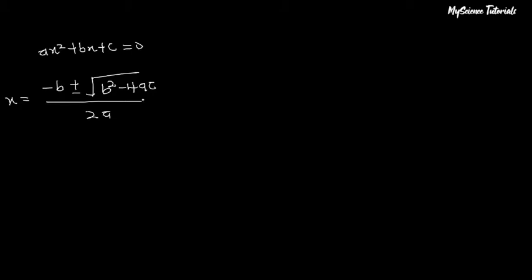Now, if we look at the expression under the root sign over here, that is b squared minus 4ac, if we take just this part of the equation out, that is, we have b squared minus 4ac, this now becomes what we call the discriminant.